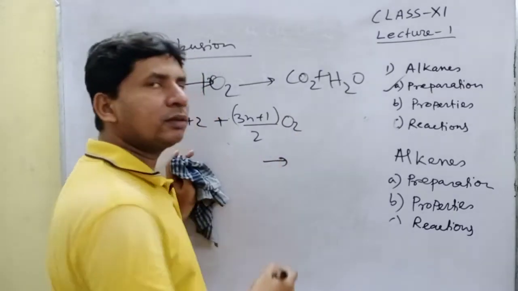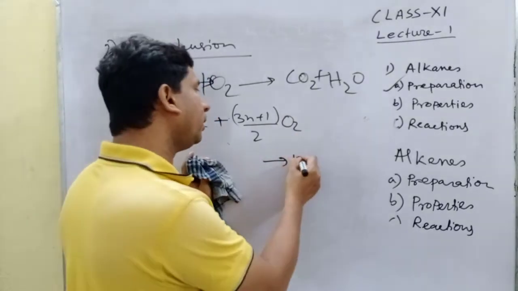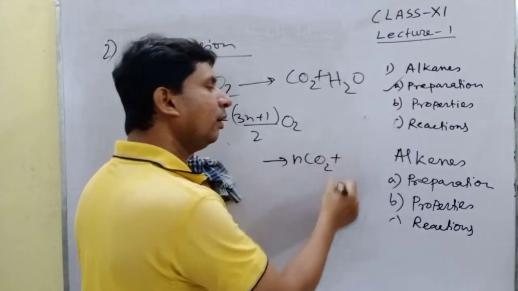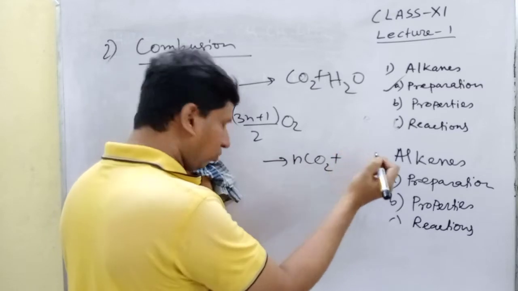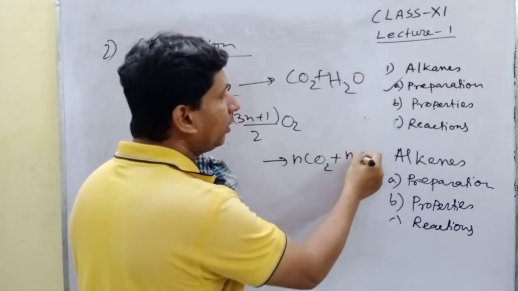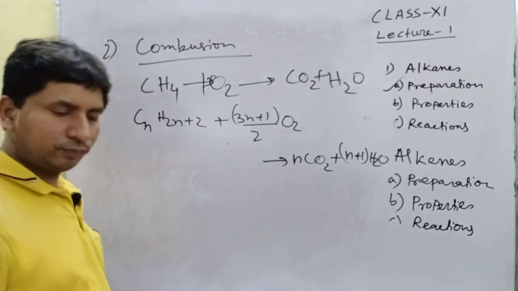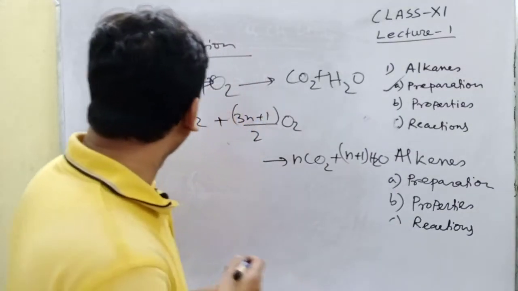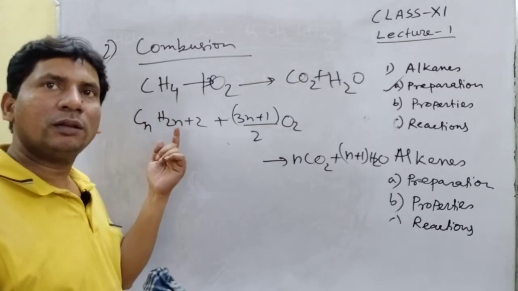It gives n carbon dioxide plus (n+1) water. This is the balanced equation. Now if we use this, then we get carbon dioxide.